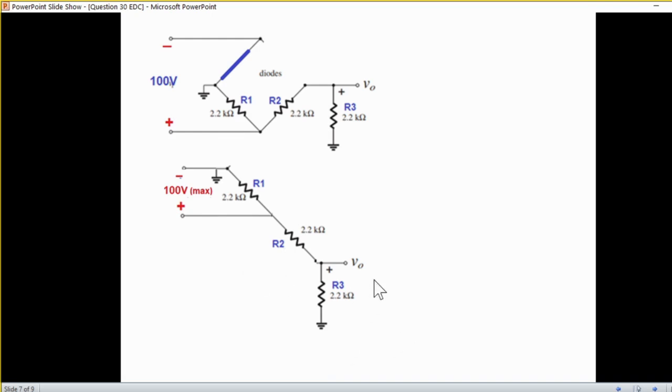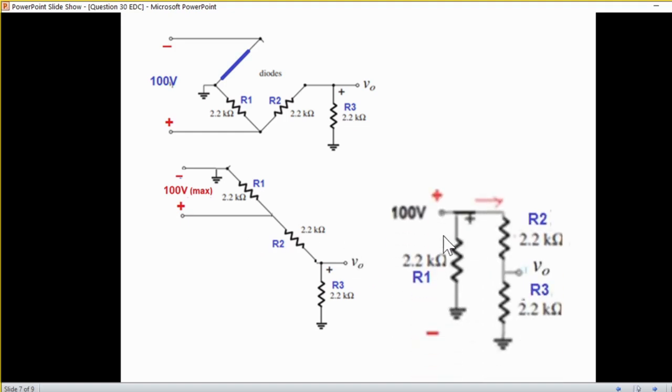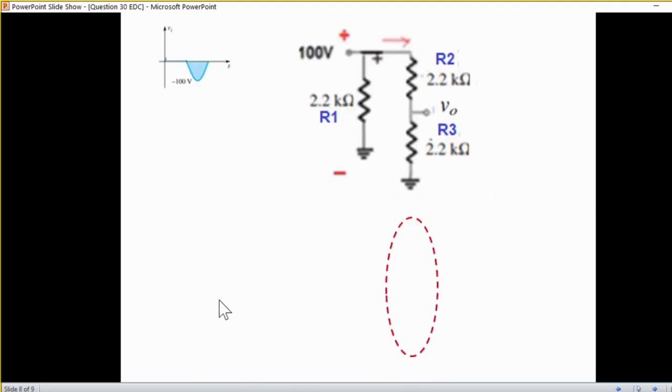Now remember, we are going to find this voltage. So redraw it again, just like we did in the previous case. This is our positive line. From the positive line, we have R1 and ground, R1 and ground. And then we have R2, R3, R2 and R3 and ground. And now we are only interested in this part.